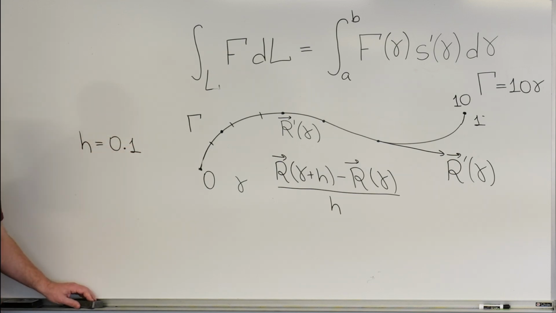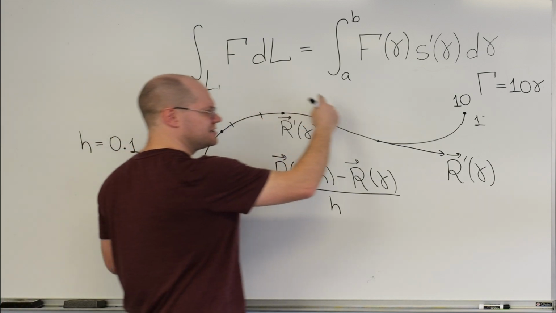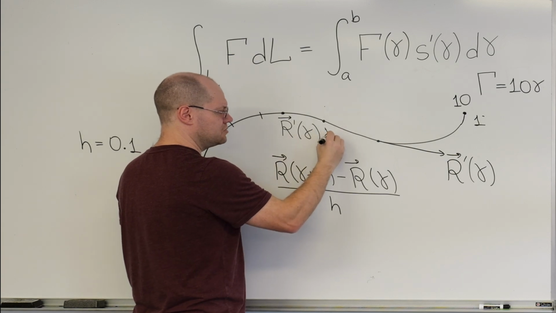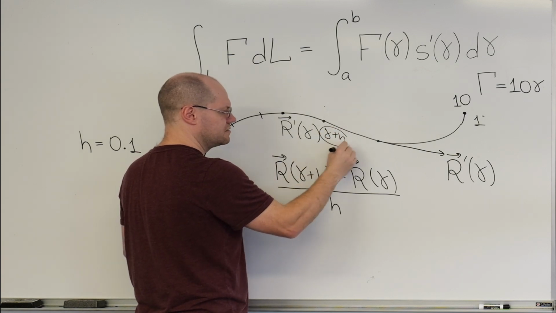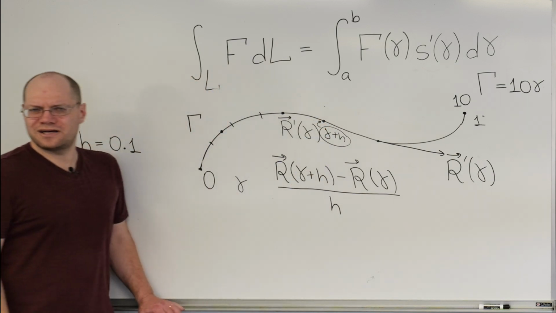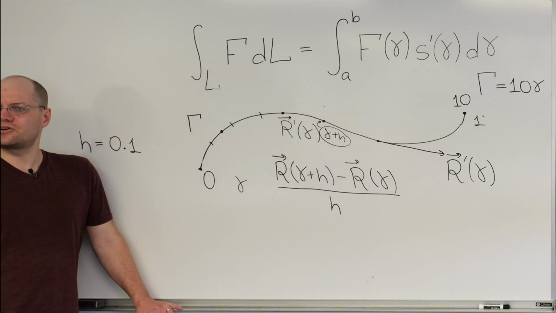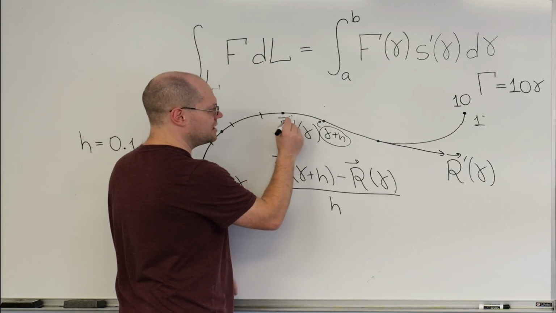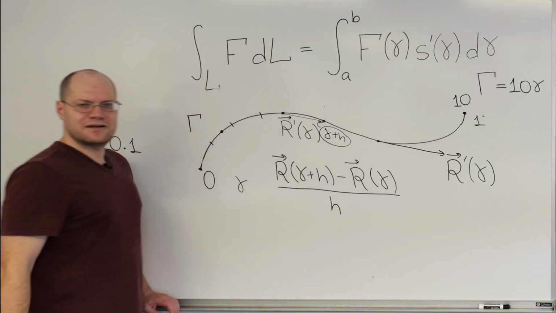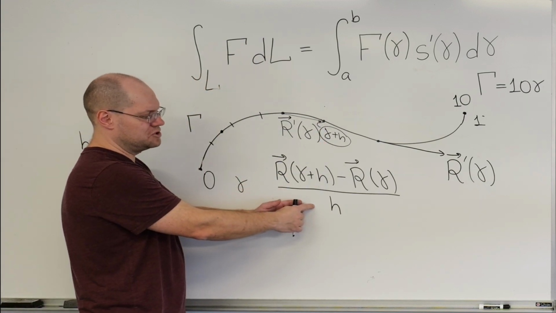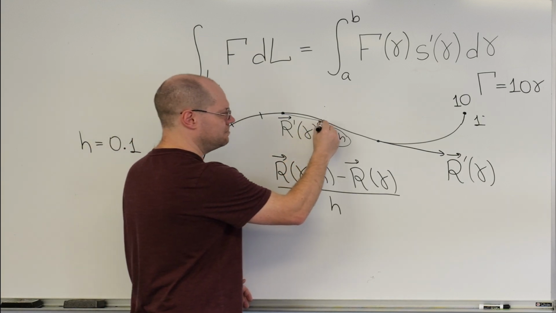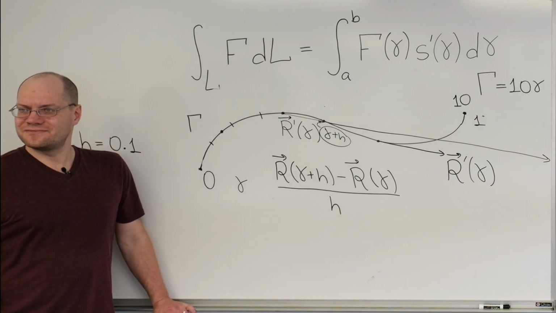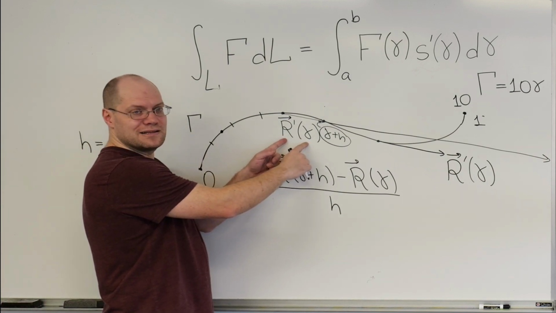That's a small enough h. And because gamma in the entire segment goes from 0 to 1, gamma plus h would be just about this point right here. That's just about right, because it's roughly 1/10 of the curve over. And so the difference on top would be this vector, and then when we divide it by h, which means multiply by 10, it'll end up being a vector 10 times as long, so something like this. That's r prime of little gamma.